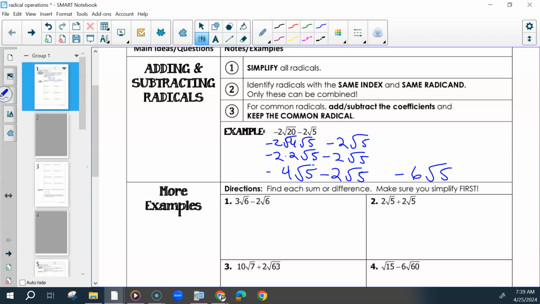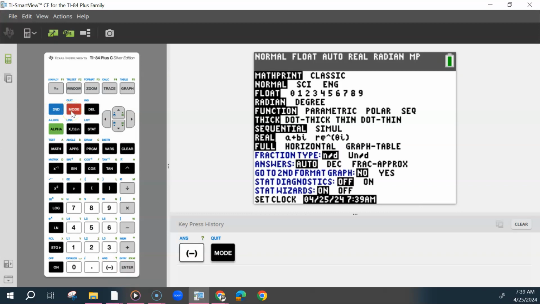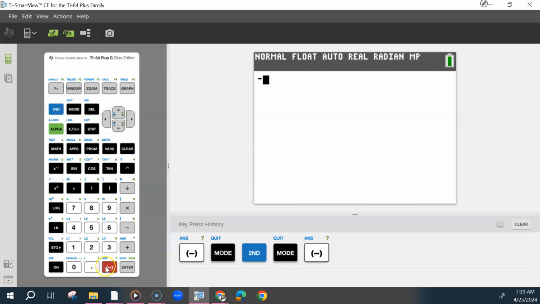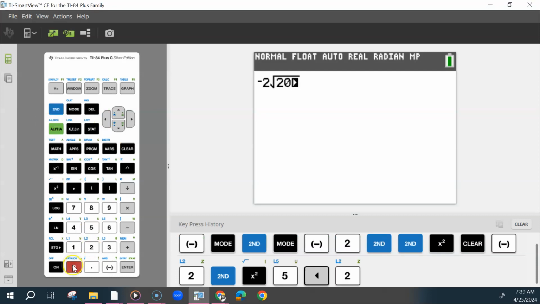All of these can also be checked in your calculator. I'll do that for this one. What was that minus?